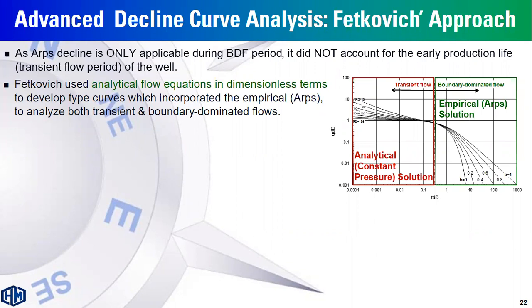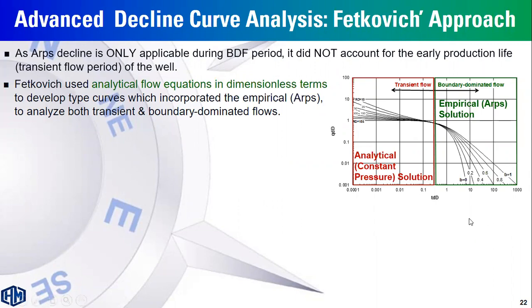That's why Fetkovich used the analytical flow equation in dimensionless terms to form the Fetkovich type curves that incorporate the early time or transient data with the Arps boundary dominated data.